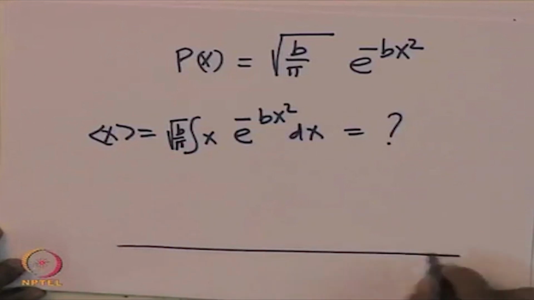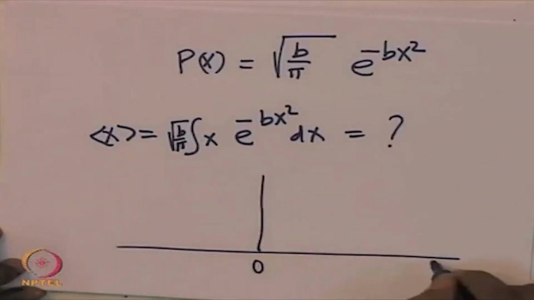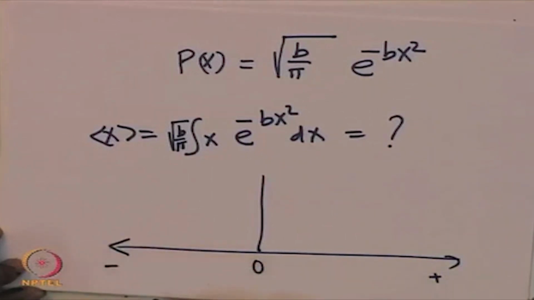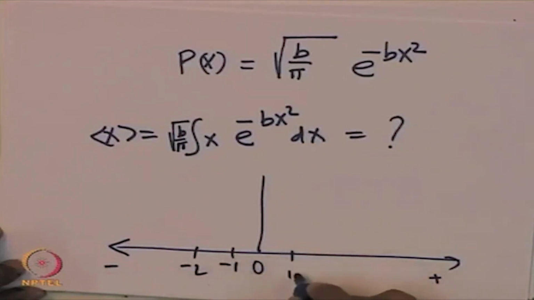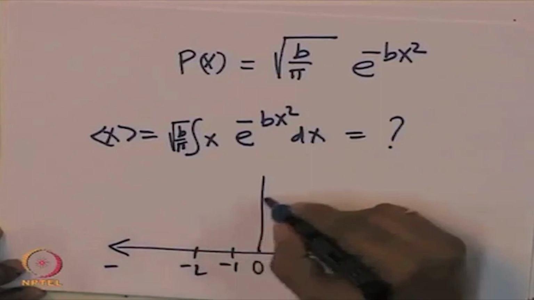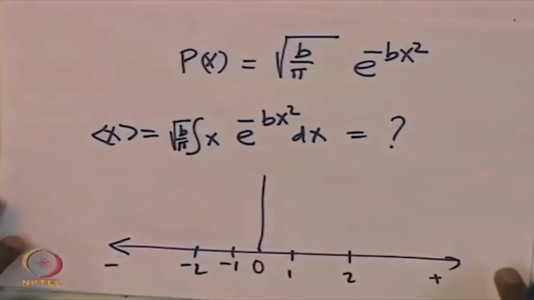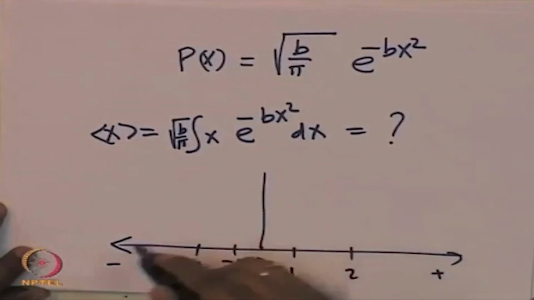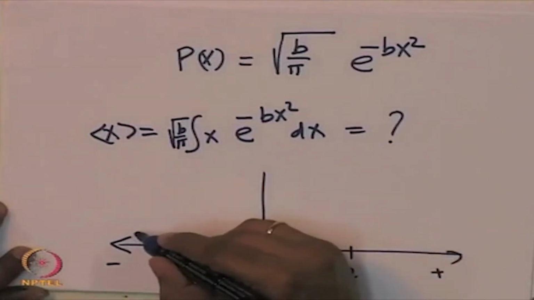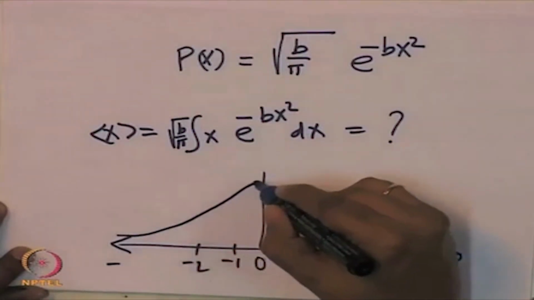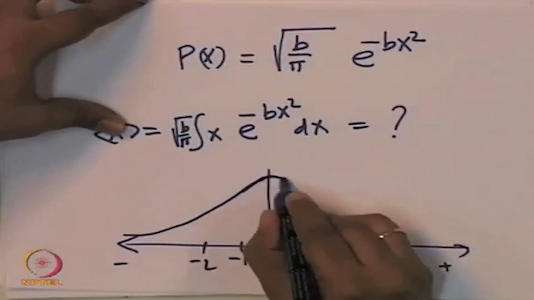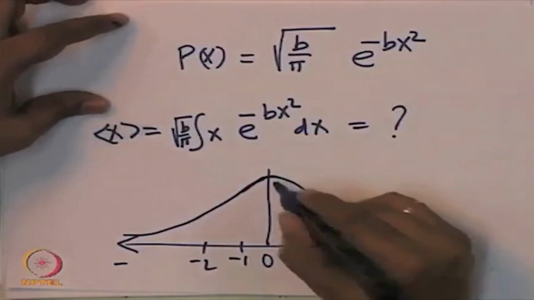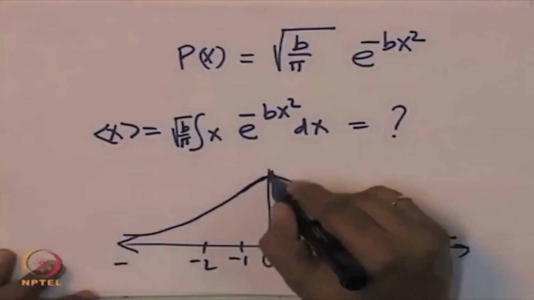So, this is 0, this is plus x, and this is minus x. This is minus 1, minus 2, this is 1, this is 2, and this is some function which is symmetric on both sides. It is this way the same, this way the same. So, we have a function which is exactly symmetric on both sides.